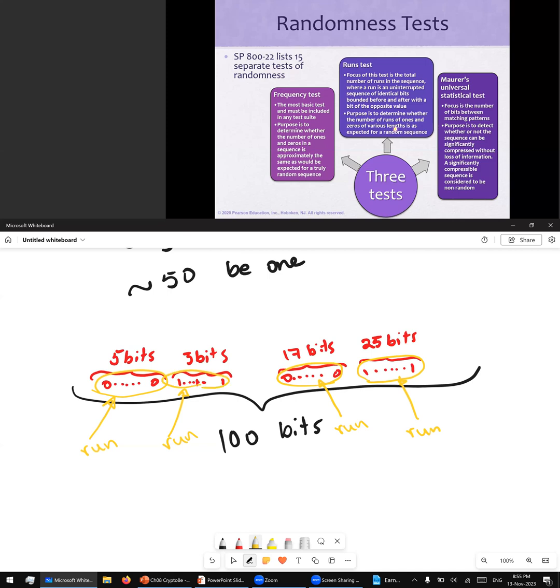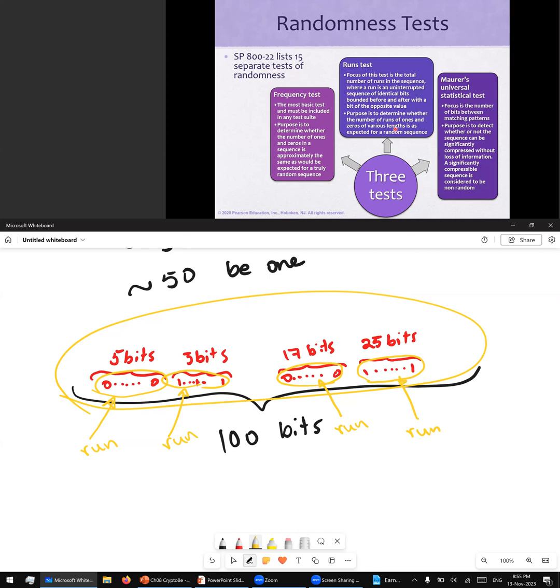What we want with the runs test is to make sure that these runs have a variable length and are scattered around inside this 100 bits. They're not all of the same length, they're different lengths, and they are spread around in these 100 bits, or whatever the length of your generated sequence is.